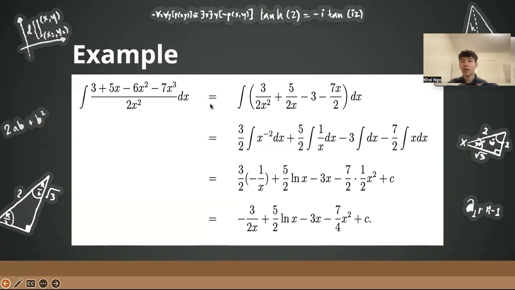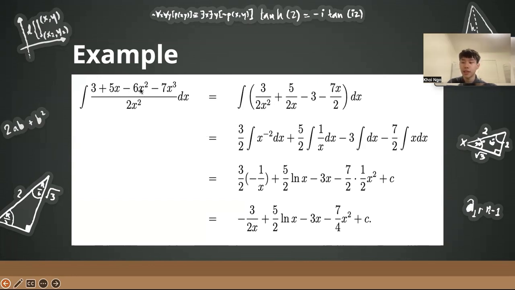A bit tricky. For the function here, the expression is a bit complex. What should we do? In this case, to simplify it, we just divide the numerator by the denominator. So we take 3 over 2x squared. That's why we have the first fraction here. 5x over 2x squared, that's why we have 5 over 2x, because x on the top and x squared at the bottom is cancelled out.